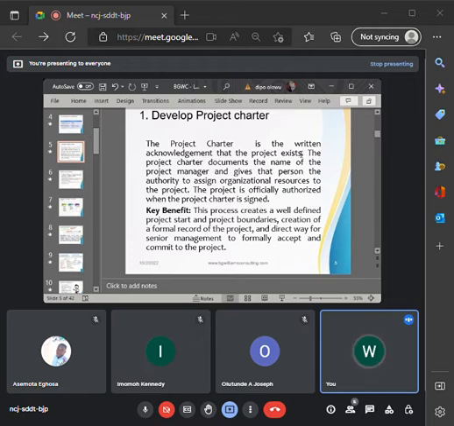So that the person will not come tomorrow and take you to court if there are any legal issues regarding that project. Then you have an official document to defend yourself. Even if it is your father's project or a close person's project, please make sure they give you a project charter.